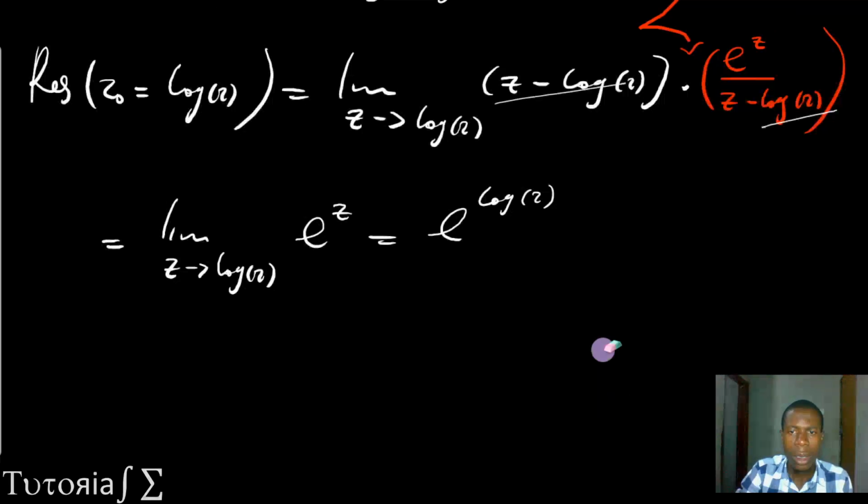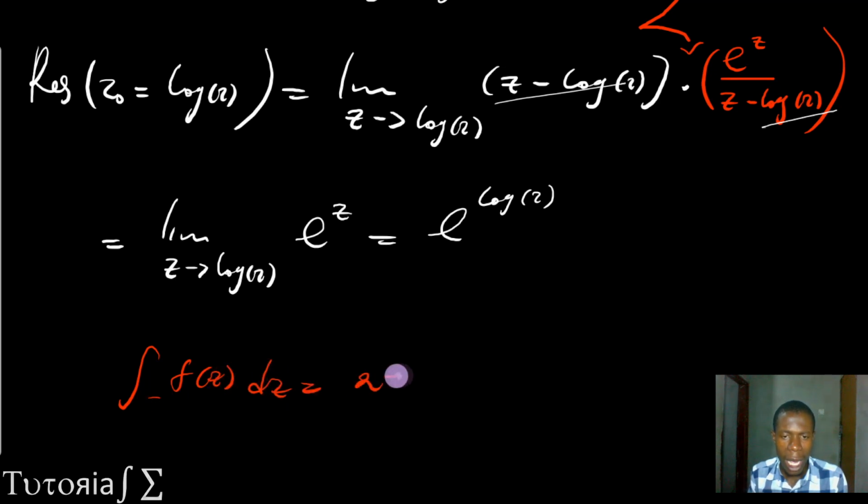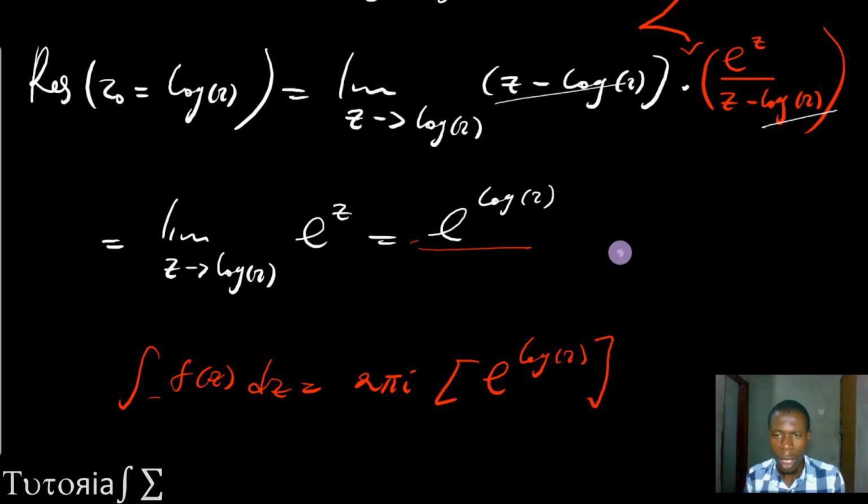Okay, so from there, that is our residue. Our formula says the integral of f of z equals 2 pi i times the sum of our residues, of which it can simplify because, let's say if z is equal to e to the log of 2, we can introduce logs on both sides.